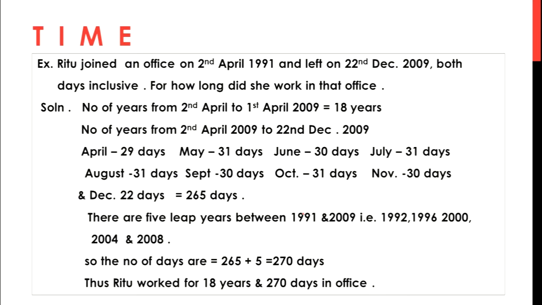The next example shows Ritu joined an office on 2nd April and left on 22nd December 2009. Both days inclusive, means 2nd April is also included and 22nd December is also included.